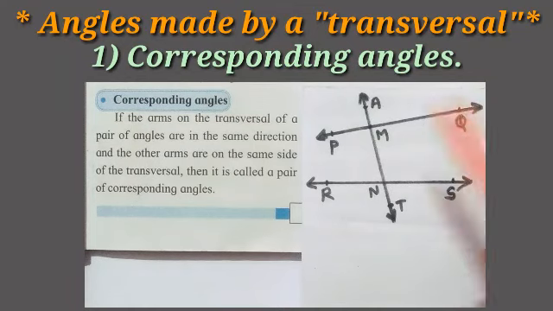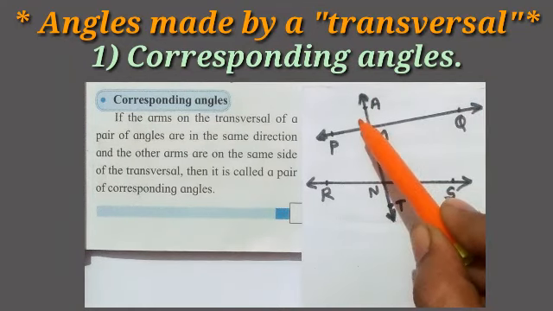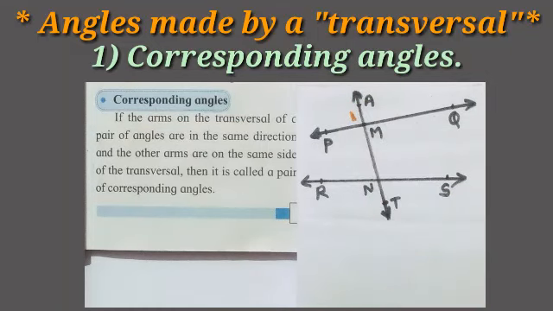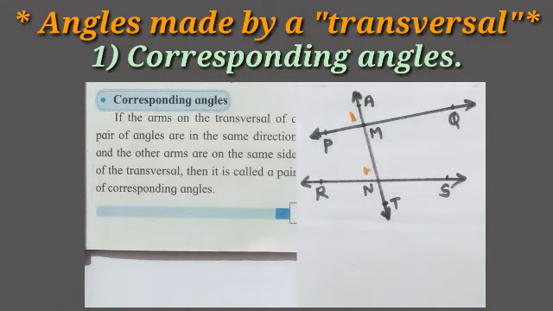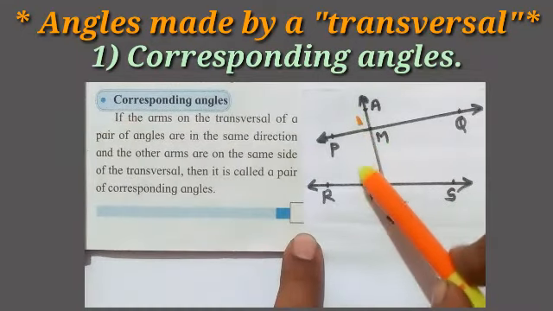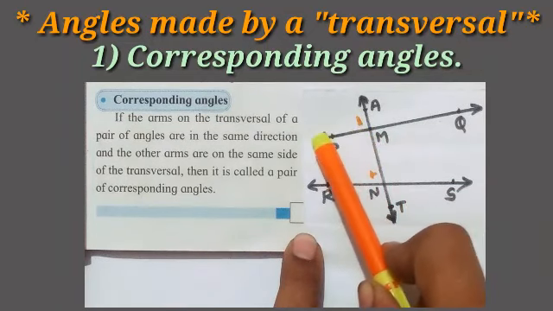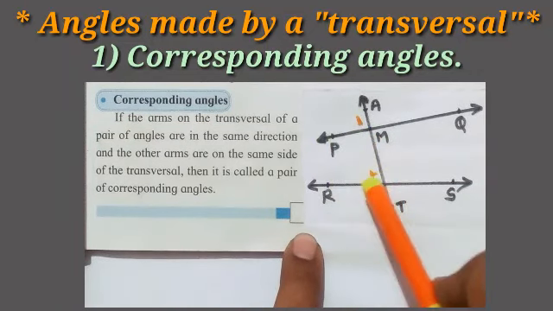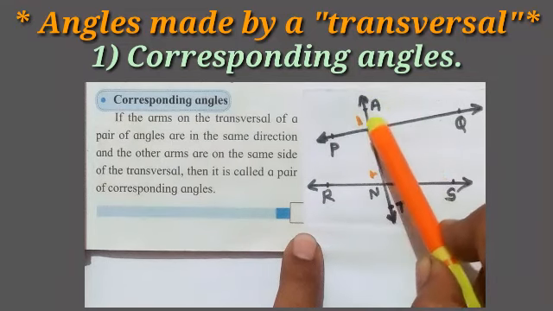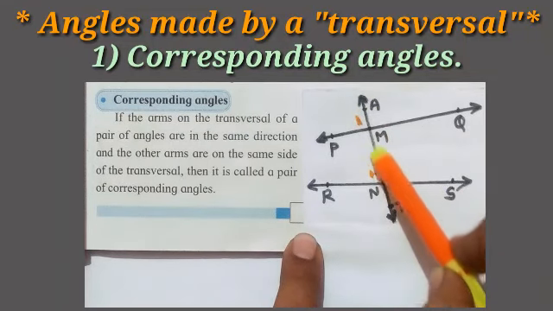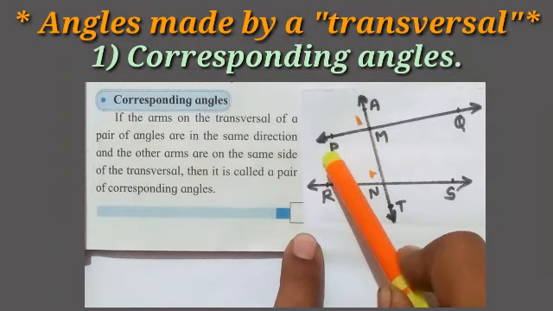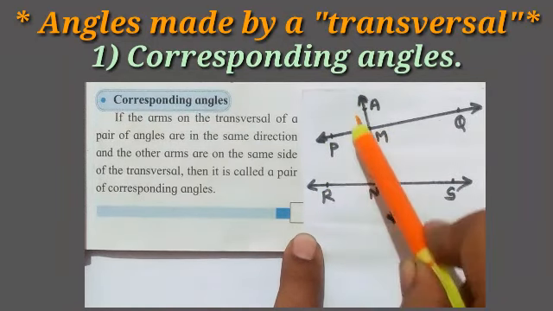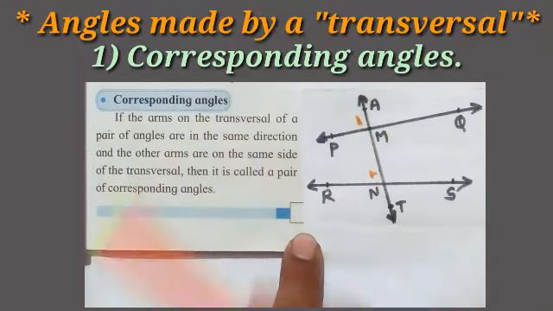Here suppose angle AMP is one angle, and angle MNR is another angle. These two angles have their arms in the same direction, so AMP and MNR is the first pair of corresponding angles.